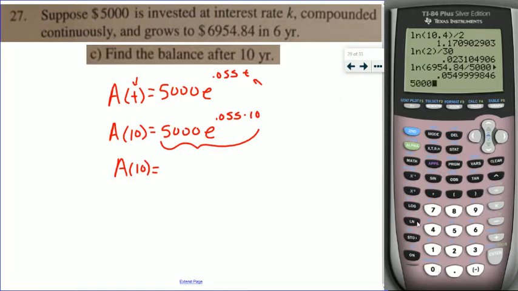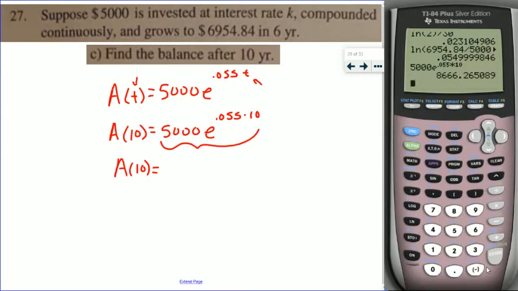5000 times e to the 0.055 times 10 is equal to $8,666.26, or because it's 0.265, we're going to round it up to 27 cents.